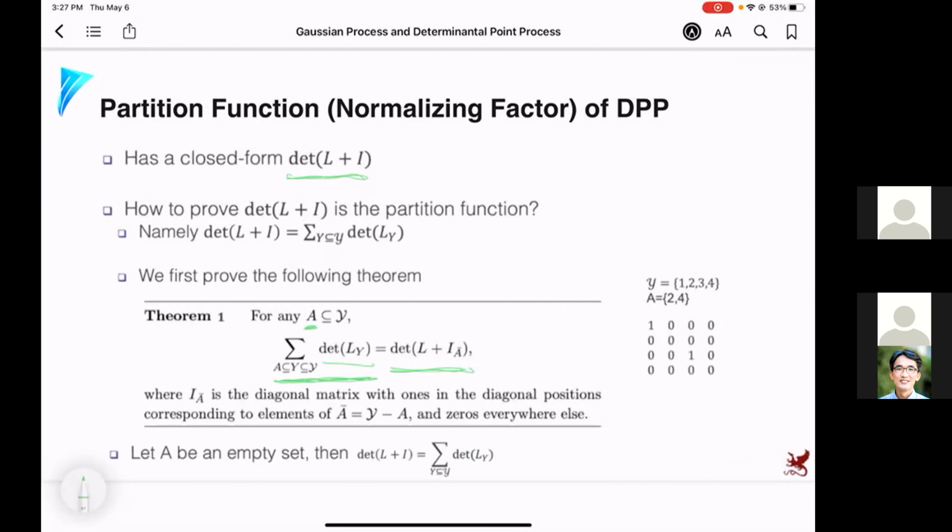So when A equals the empty set, we are saying, for all subsets containing the empty set, which is trivially just all subsets, if we sum them together, we get the determinant of L plus I subscript A bar. Because A is the empty set, the A complement is the whole set, so this is the regular identity matrix. Then we get what we want, the normalizing factor.